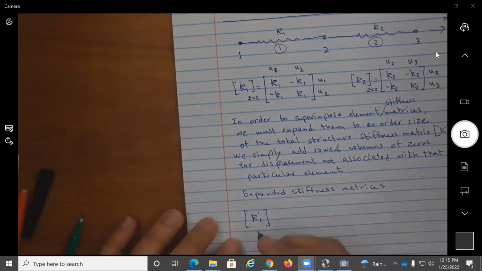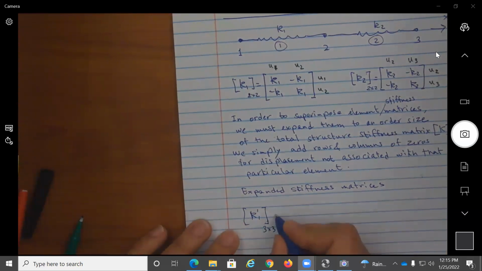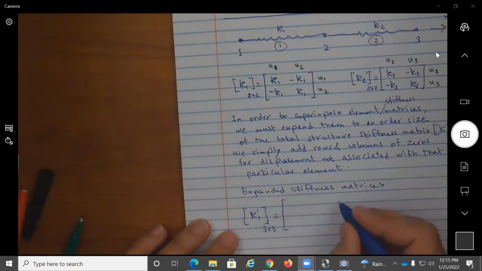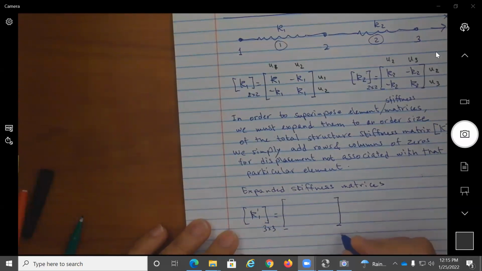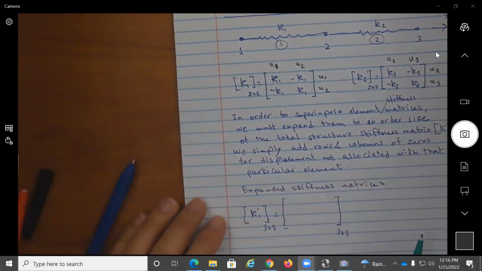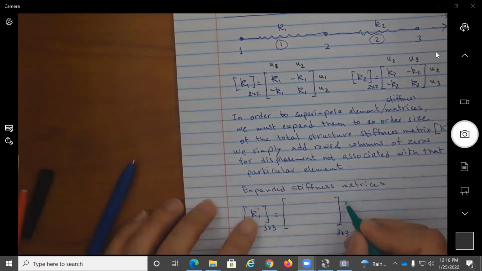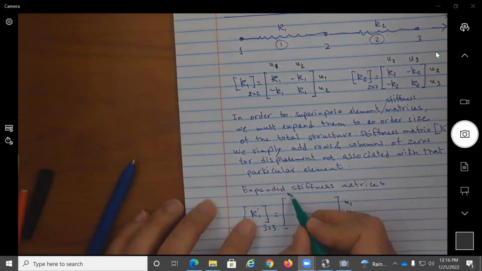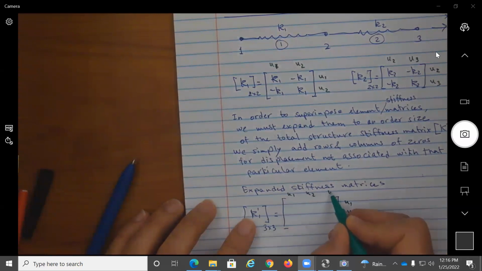I want to make this a 3 by 3, and this lowercase k is going to be equal to a 3 by 3, where the first row is associated with displacement or degree of freedom 1, 2, and 3. Likewise for the columns, I'm going to have U1, U2, and U3.